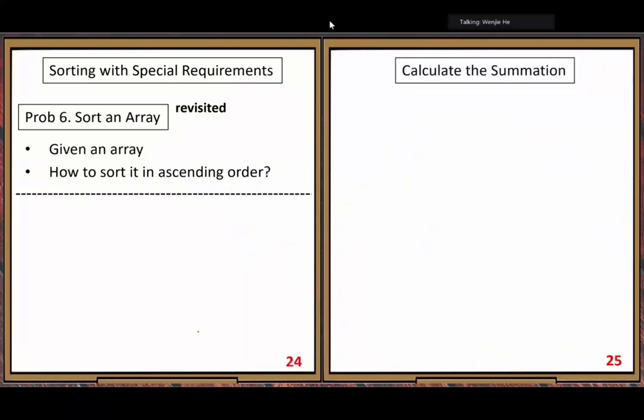All right. All the denominators are powers of 2 with consecutive powers of 2. So this special property, we can take advantage of it.